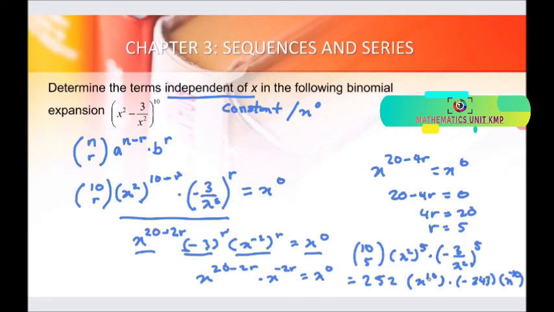So x to the power of 10 and x to the power of negative 10 cancel, equal to 1. So we will just multiply 252 with negative 243, and we will get the answer, negative 61,236.